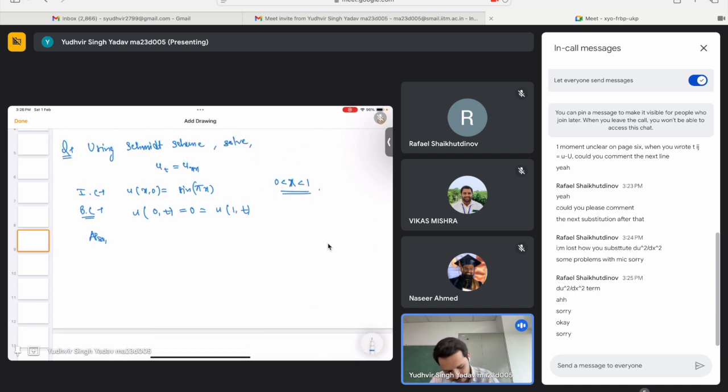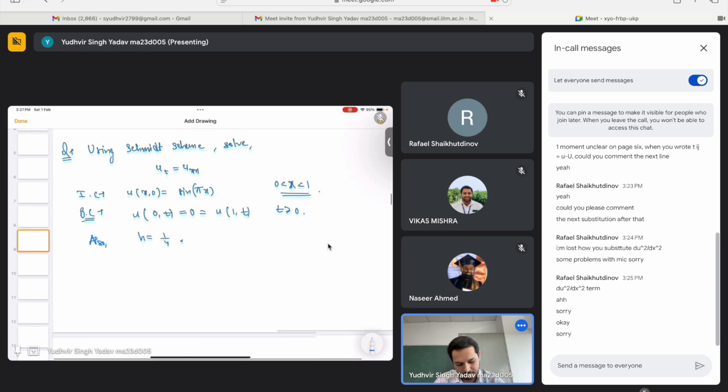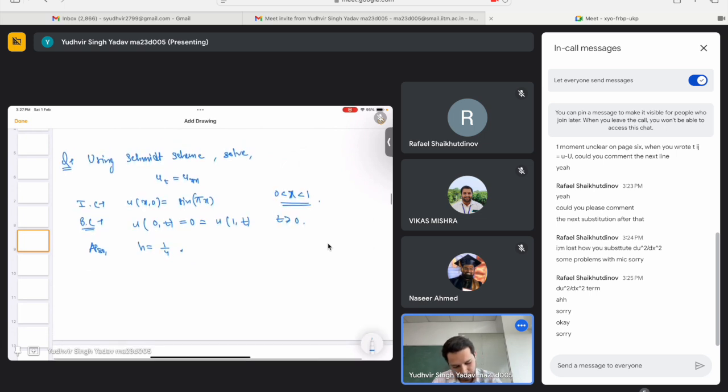Also the step size is given as h equals to 1 by 4. So here we will try to find some iterations by using the scheme. And lambda is given as 1 by 6.